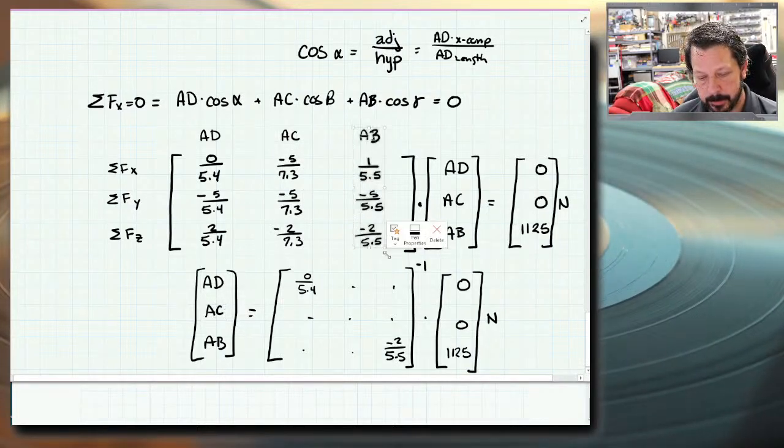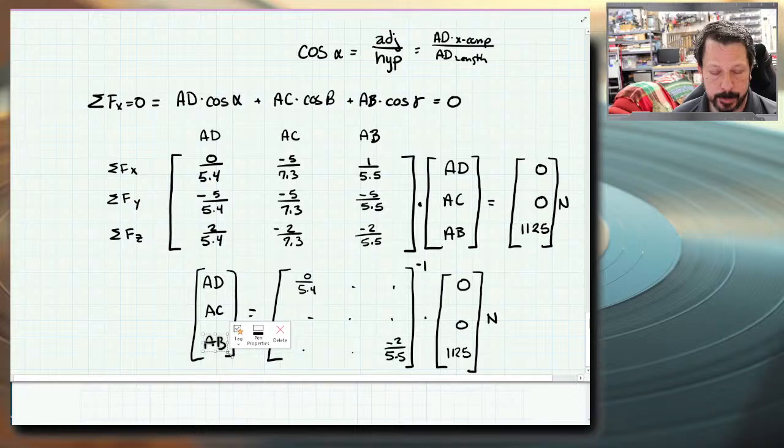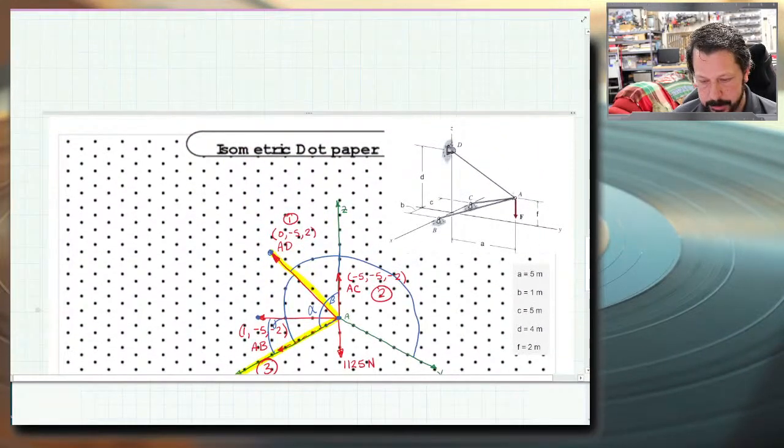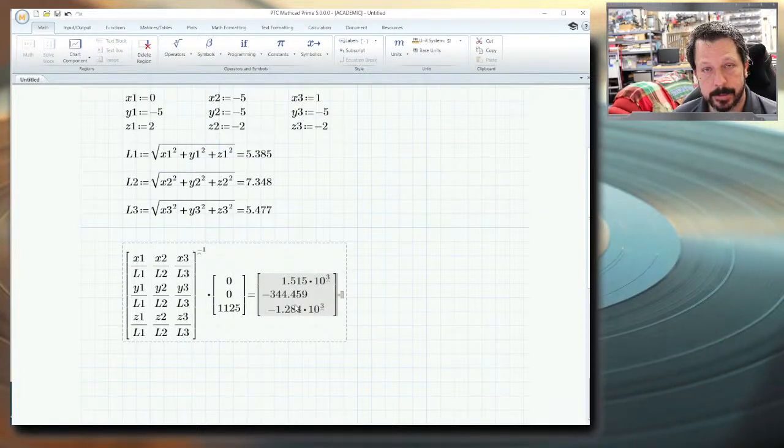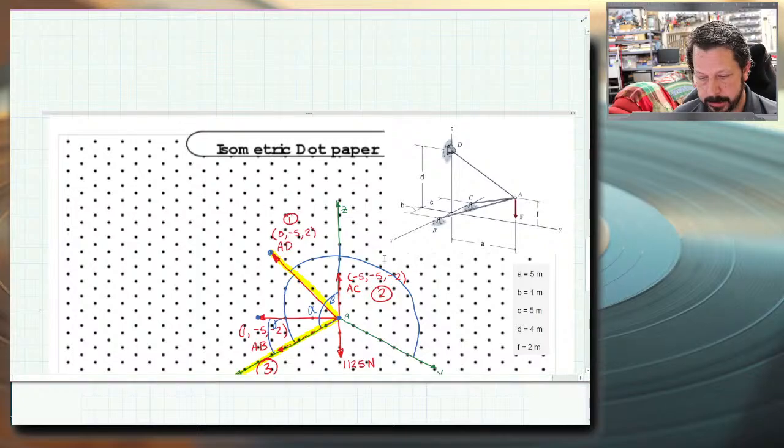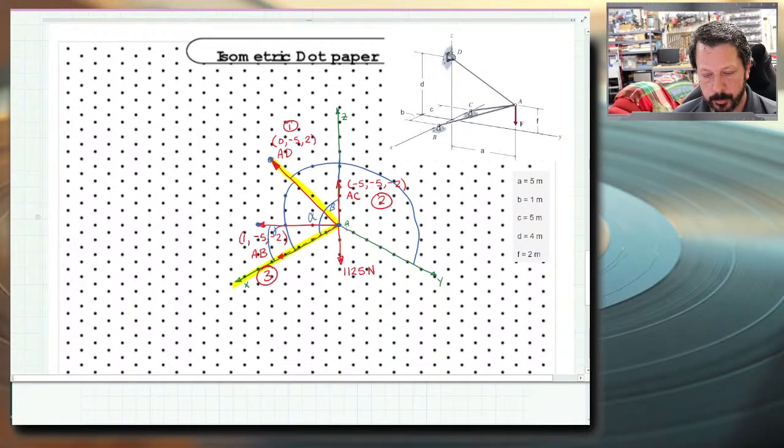And the third column, all of those coefficients are lined up, and that variable comes out in the third spot on this matrix. So AC and AB, the two struts, did come out to be negative numbers, which we thought they should be because we drew them as going away from the body, which would mean tension, but they're actually in compression, which should point towards the body.